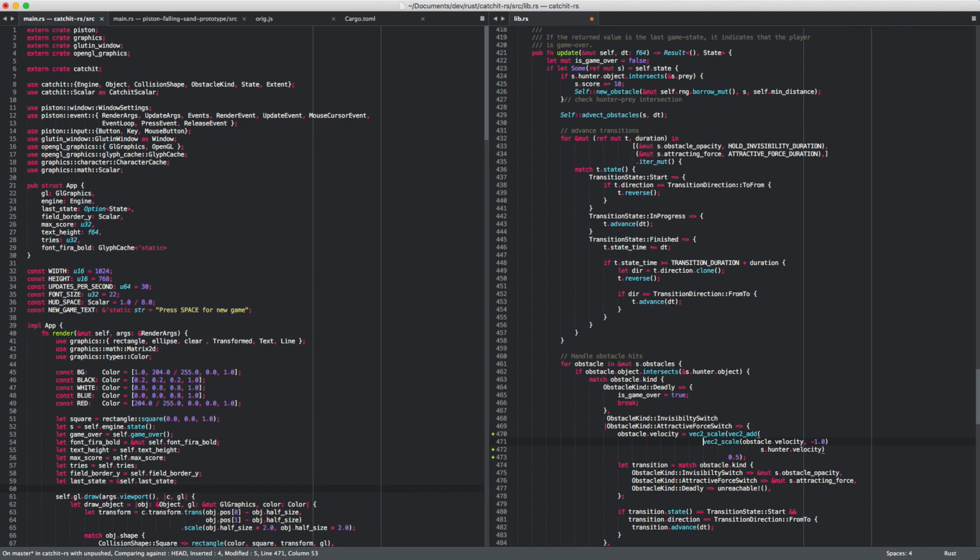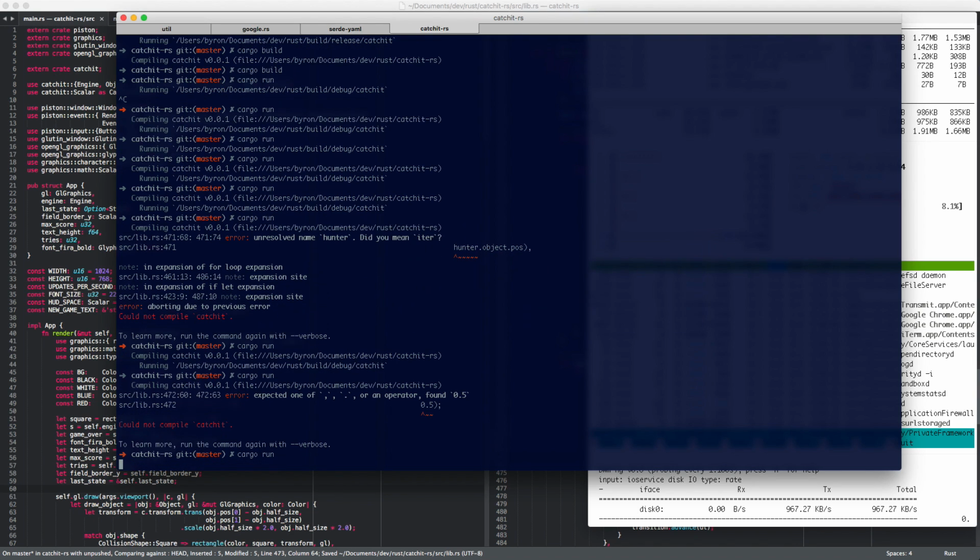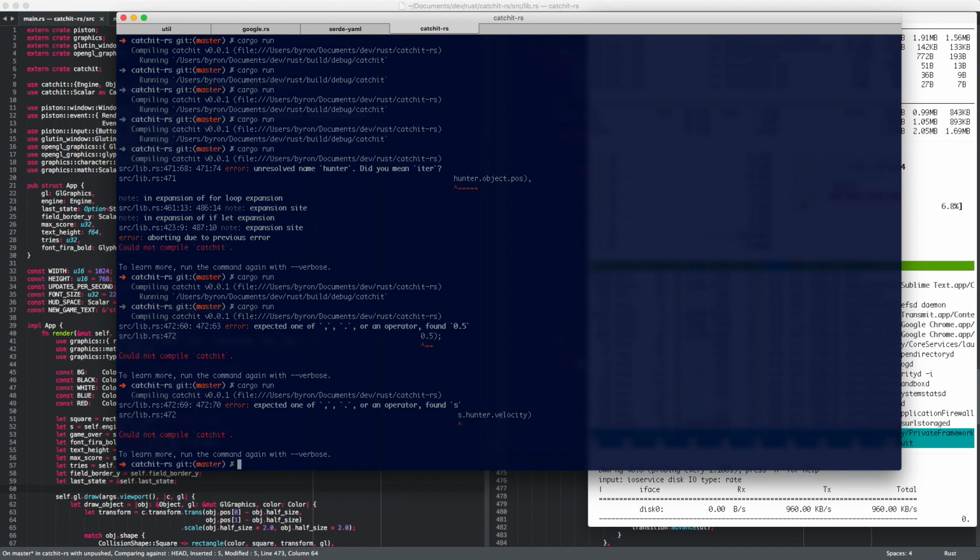Not enough space for anything. So like this, then you add mine, hard to read, and then you scale it by 0.5 to get the average. And that is that.